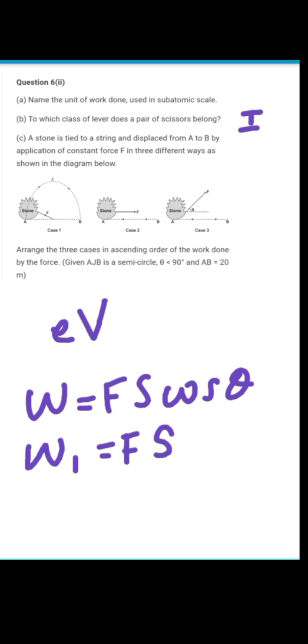So when the displacement is in this direction, the force is in this direction, the force and the displacement are perpendicular to each other because the object is moving in a semicircle. And even though the object moves in a circle or a semicircle, the displacement will always be perpendicular to the force, and the force over here would be the centripetal force. So cos 90 degree, theta is 90 degree, cos 90 is 0, so the work done will be 0.